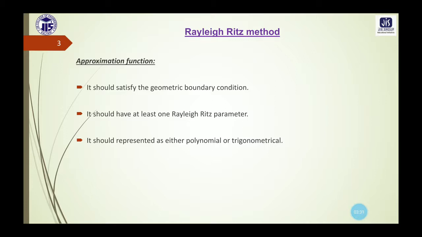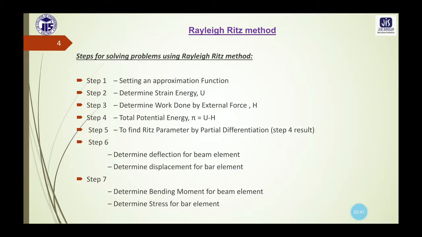These are the characteristics of the Rayleigh Ritz approximation function: it should have at least one Rayleigh Ritz parameter, and it should satisfy the geometric boundary condition. These three are the characteristics of the approximation function which we will use as step number 1.